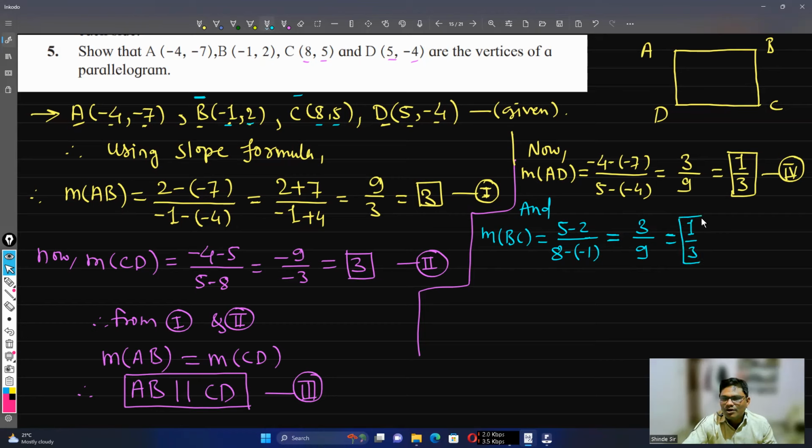And now 1 upon 3 is the slope of BC, and this will be our statement number 5.